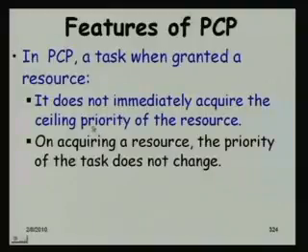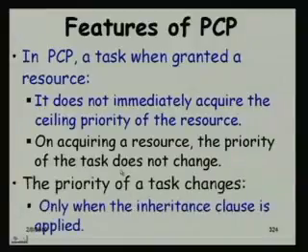It does not become the ceiling priority like it used to happen in the highest locker protocol. In fact, it does not change at all. Only when a higher priority task waits, being denied a resource, then the inheritance clause is applied.